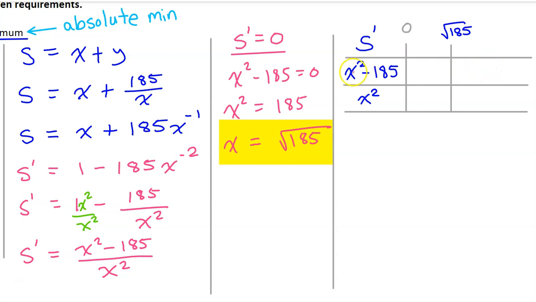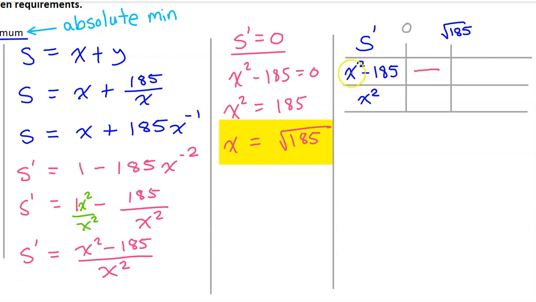If I let x be any value between 0 and radical 185, this number is going to be negative. If you go to an extreme and imagine that you put in 0 right here, obviously you're going to get negative 185. But if you put in something like 1, for example, that would be negative 184. So anything in this interval is going to be negative.